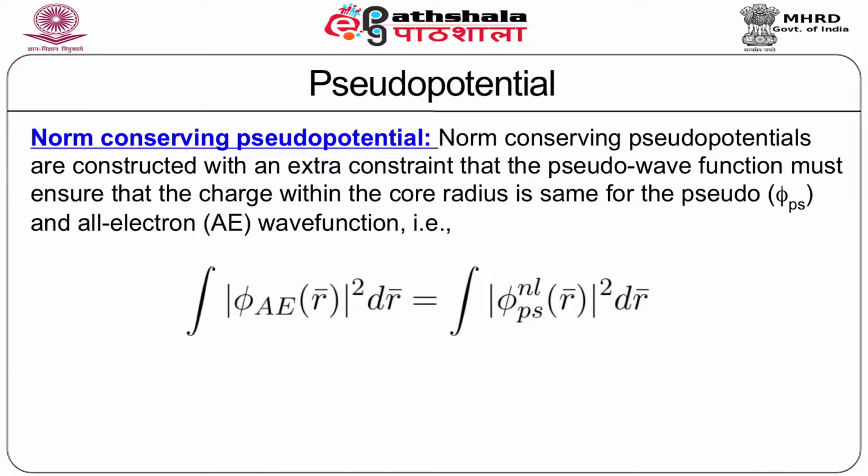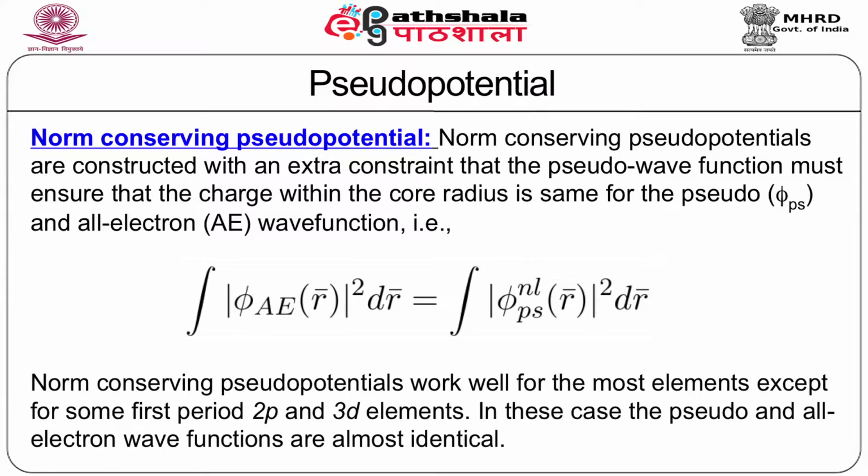That is, the integral of modulus of phi AE squared over the space should be the same as phi ps modulus squared integrated over the space. Norm-conserving pseudopotentials work well for most elements except for some first period, 2p and 3d elements.